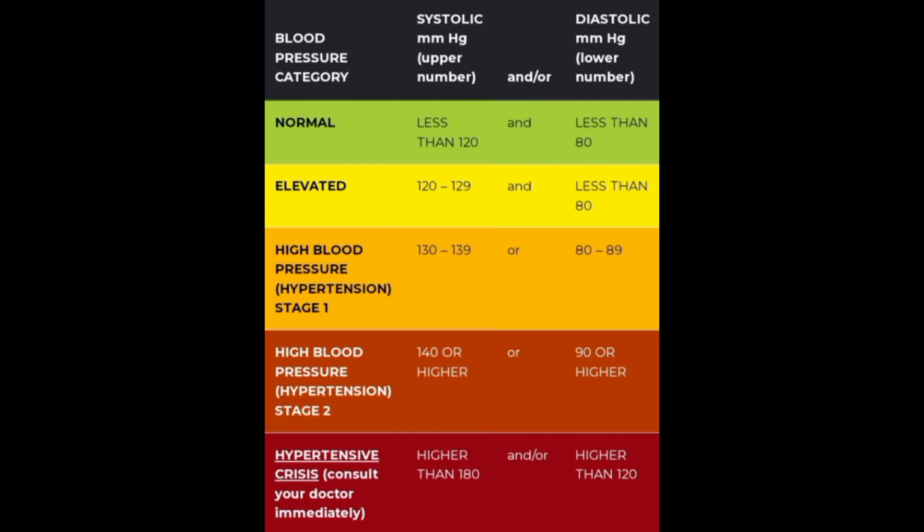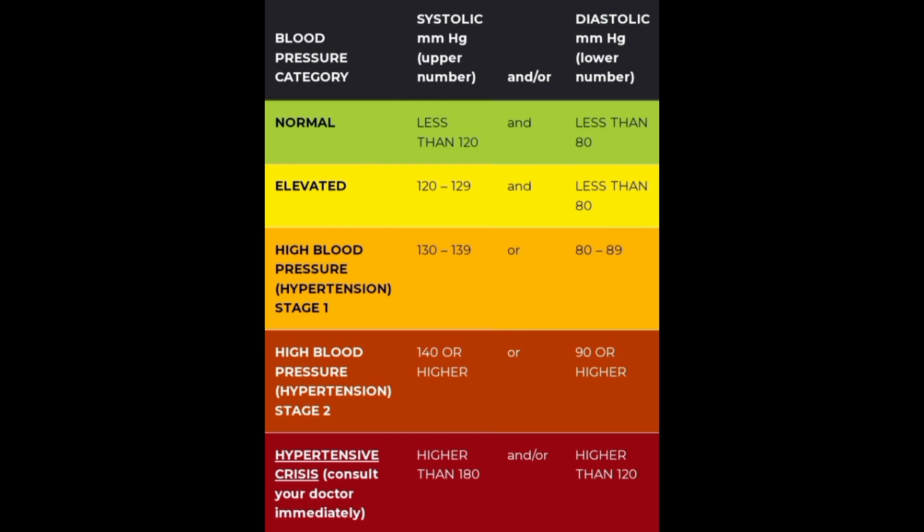Then high blood pressure, stage 1 hypertension. 130 to 139 is the systolic value and 80 to 89 mm Hg is the diastolic value. Then stage 2 high blood pressure, stage 2 hypertension: 140 or higher is the systolic value.